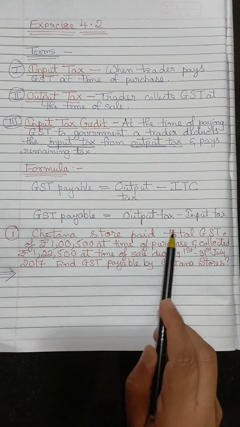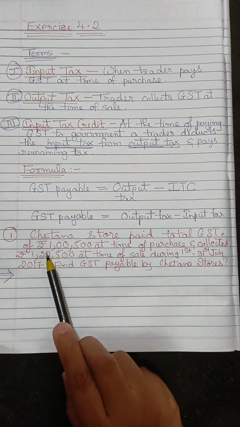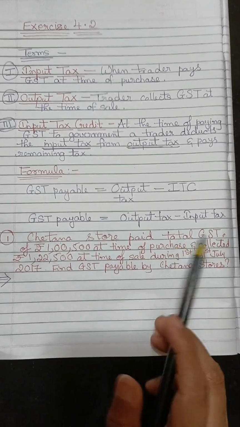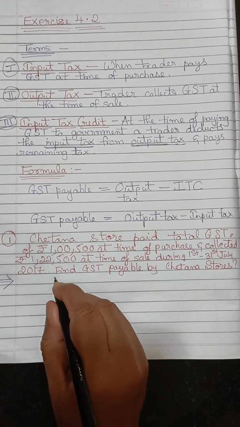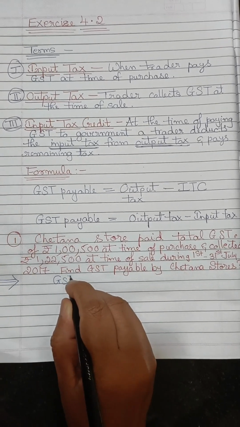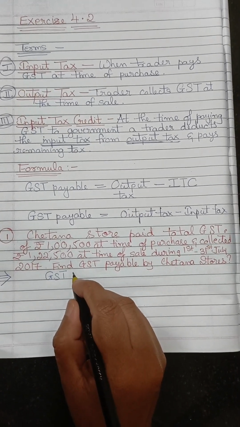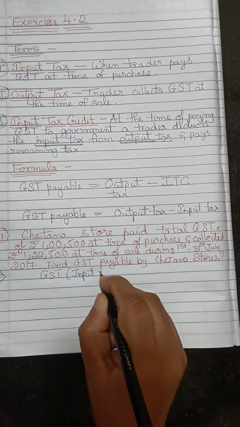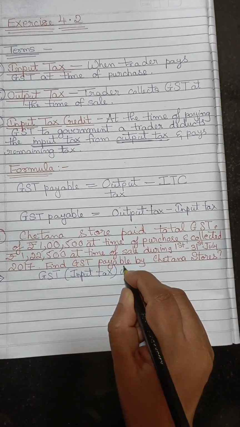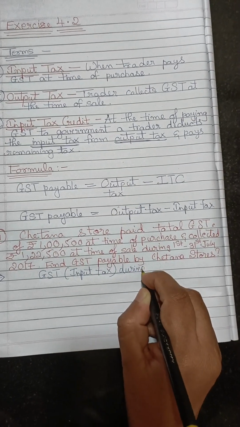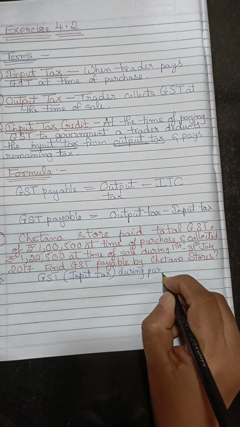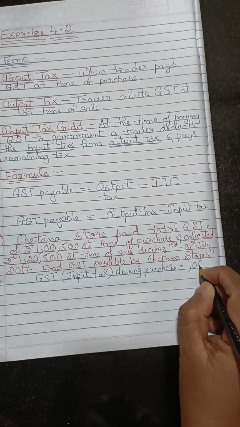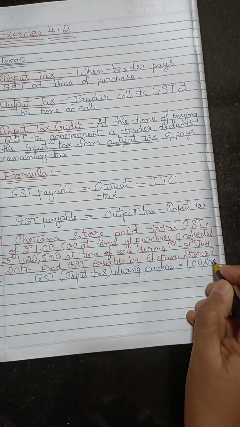Chetna store paid total GST of 1,500,000 at the time of purchase. So we have one thing, that the GST, which means you can write it as input tax, correct? Input tax during purchase. How much did she pay? 1,500,000.